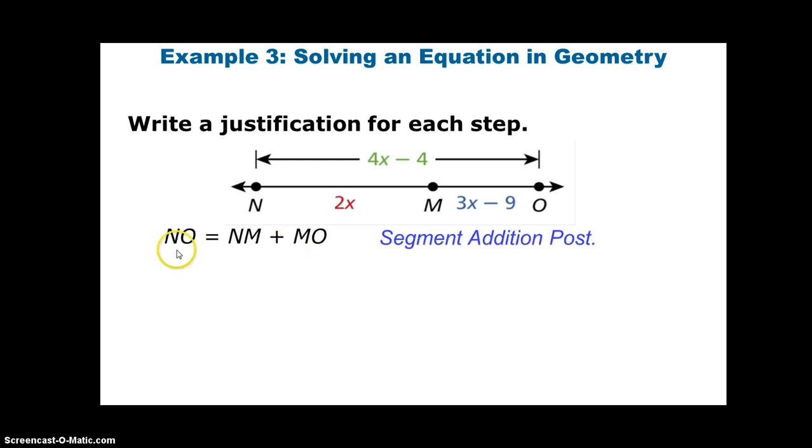First, NO is equal to NM plus MO. We're saying that if they're equal in the big length, then if we break it up, they're still going to be the same length. So this one is segment addition.